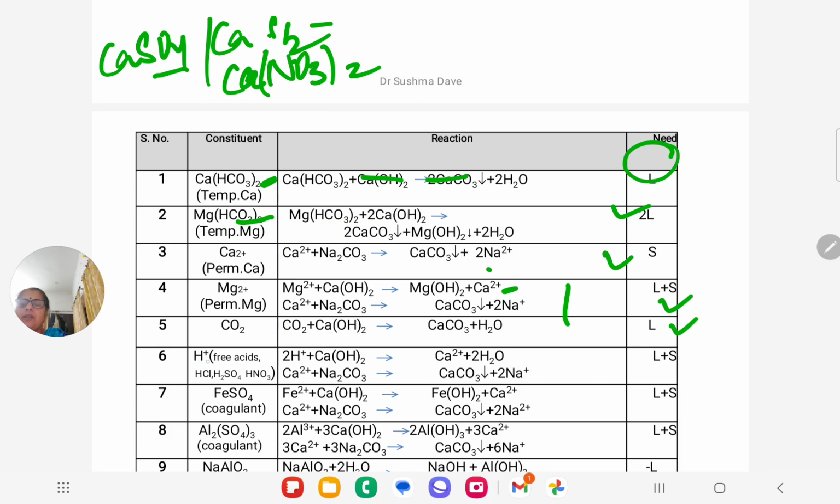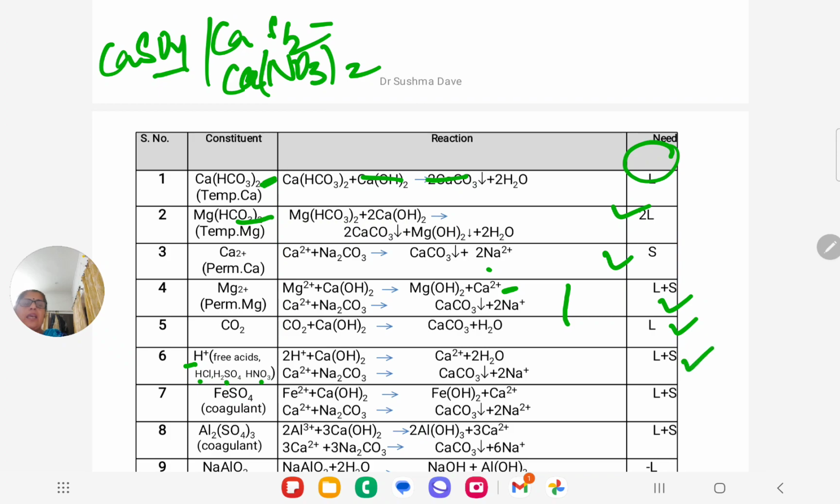In case of free acids like HCl, H2SO4 and HNO3, all three can be represented as H plus, and if we write the general reaction, then H plus is reacting with Ca(OH)2, then converting into the corresponding CaCl2, CaSO4 or Ca(NO3)2.